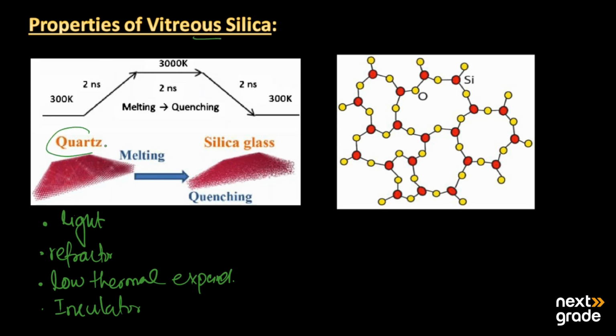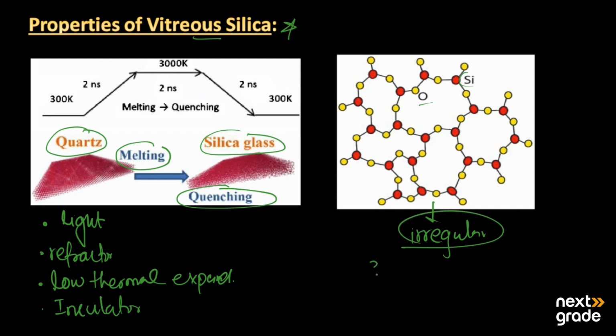When they heat quartz glass, it starts to melt and changes into silica glass. That process is known as quenching. As a result of melting the quartz, we gain the type of silica known as vitreous silica. Here we have silicon and oxygen atoms arranged in an irregular manner, with no regular or 3D structure, a random arrangement of the elements.